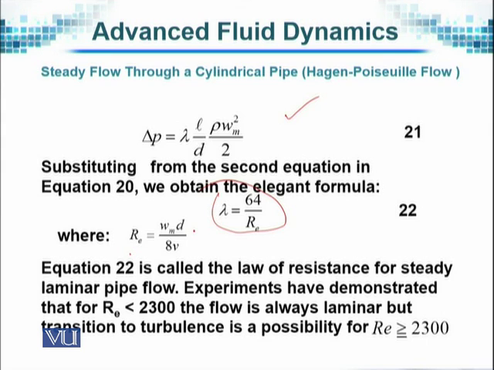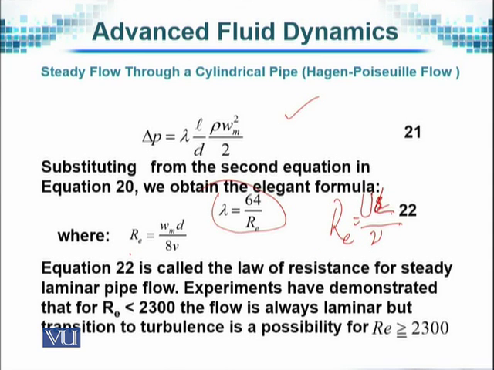You will recall that we define the Reynolds number to be equal to some velocity of the fluid into some representative distance. Let's say if the radius is a, we write here a. If it is a length, we write length, and so on, divided by the kinematic viscosity nu. So this ratio is normally defined as the Reynolds number.